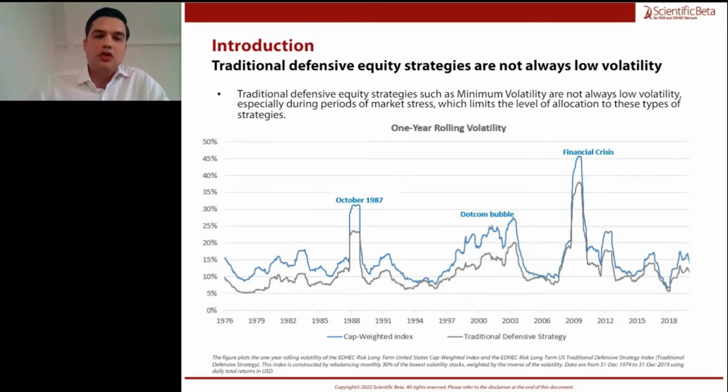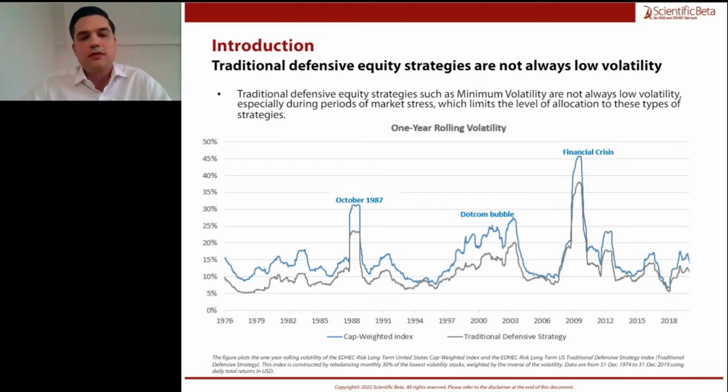Nevertheless, traditional defensive equity strategies face some problems. And one significant problem is depicted in this slide. The audience can quickly see that two things are happening here. In the blue line, we have the rolling one-year volatility of a cap-weighted index, and in the gray line, we have the one-year rolling volatility of a traditional defensive strategy such as the minimum volatility portfolio.